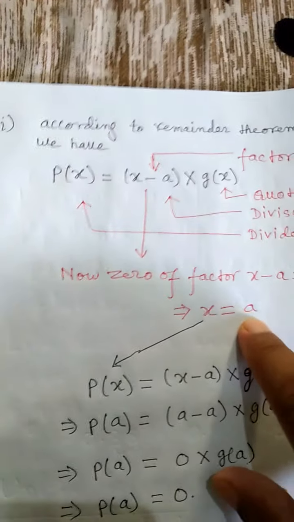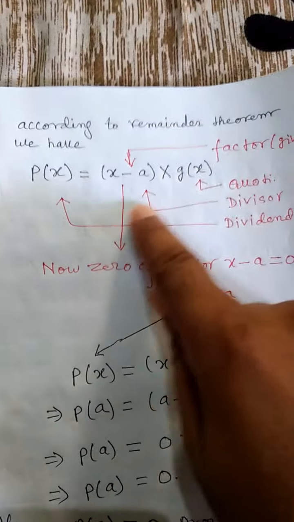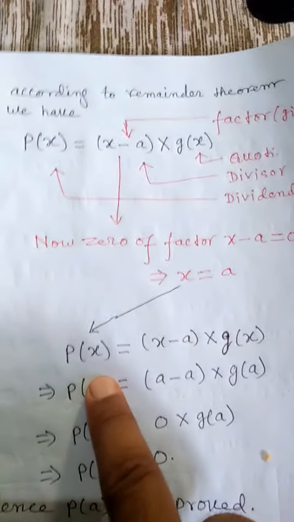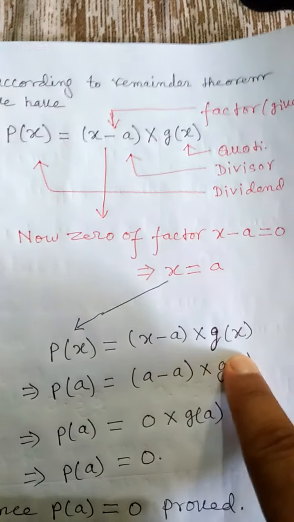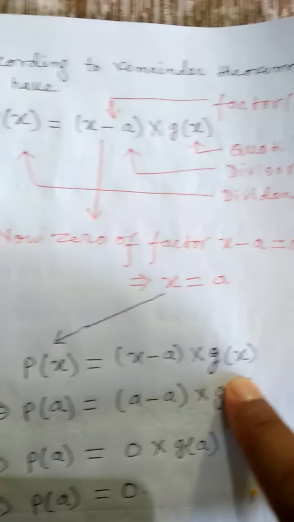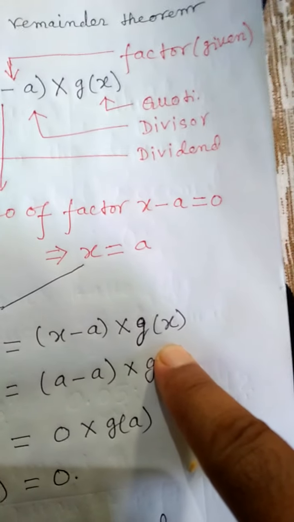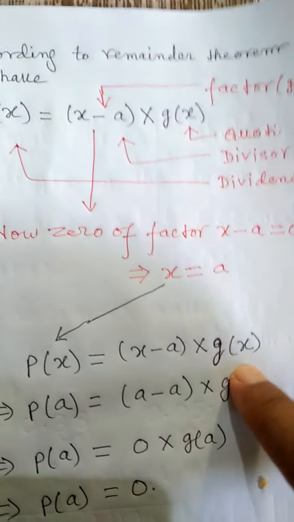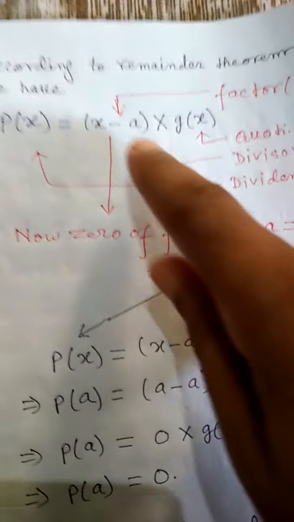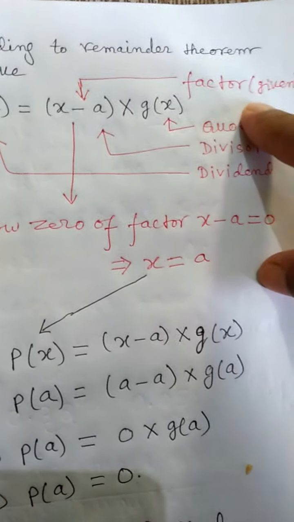When I put this value in this given remainder theorem, then we get P(x) is equal to x minus a into g(x). Since x minus a is a factor of this P(x), the remainder is 0.